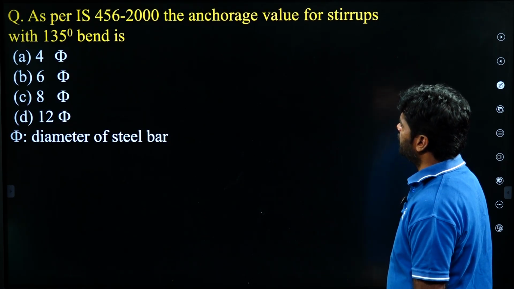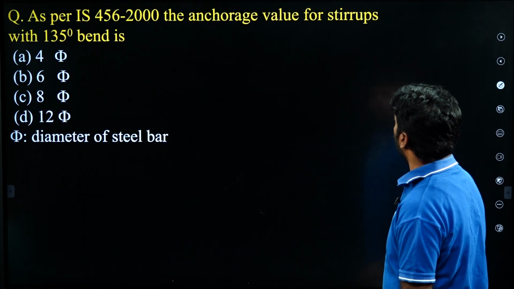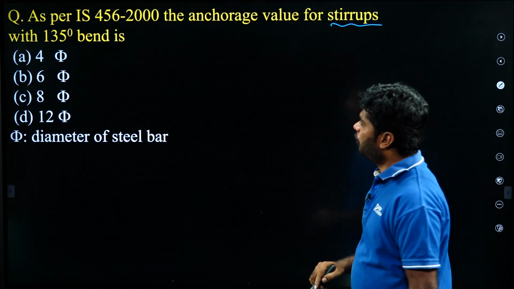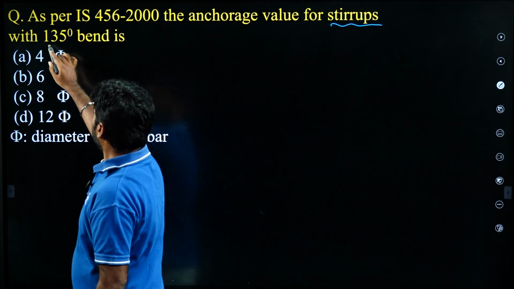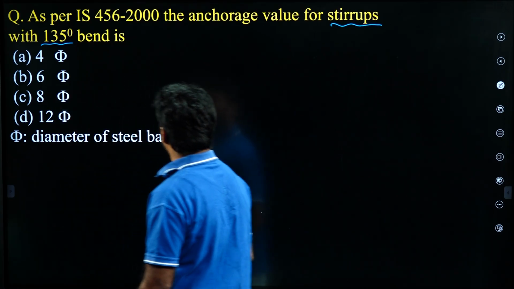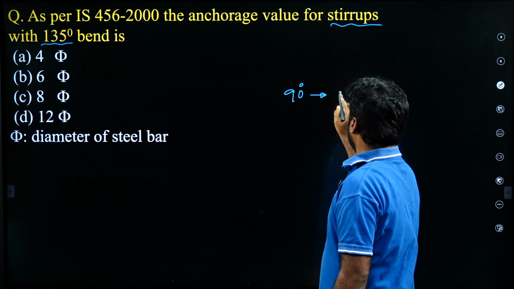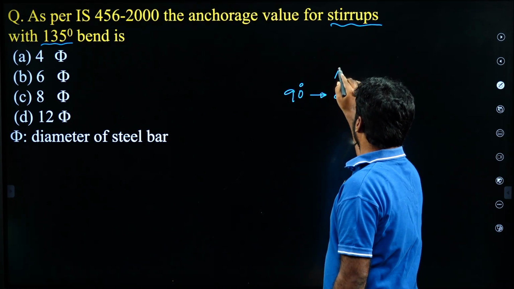As per IS 456-2000, the anchorage value for stirrup, not for tension steel. For a stirrup with a 90 degrees bend, the anchorage value is 8 times dia.